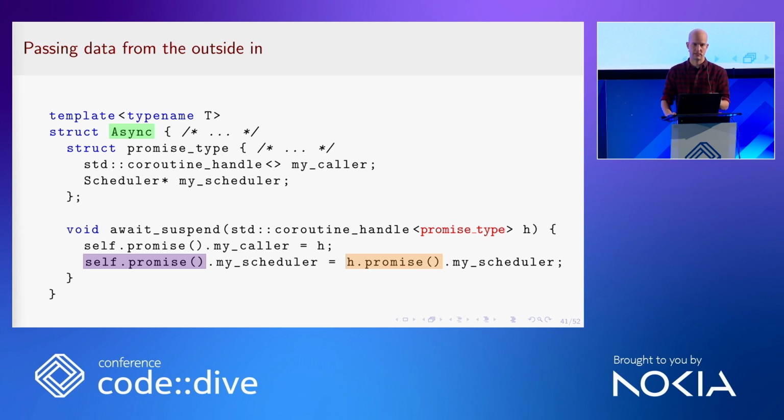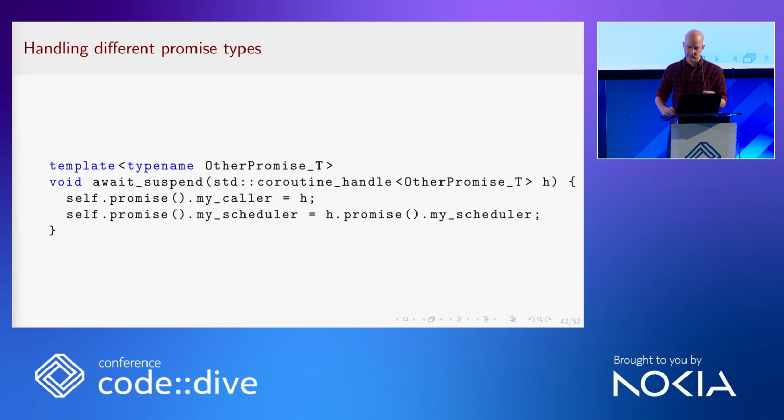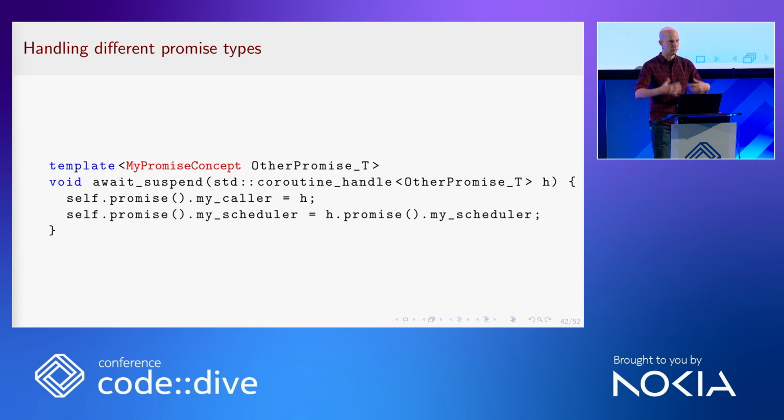So that's a subtlety to watch out for. So really, this needs to be a different type. So we need to templatize it here. But we also don't want this to be an arbitrary type. We want this to be a promise that we know has a scheduler in there that we can propagate, right? So there's a notion of a concept lingering here of what it means to be a promise that plays nicely with this mechanism.